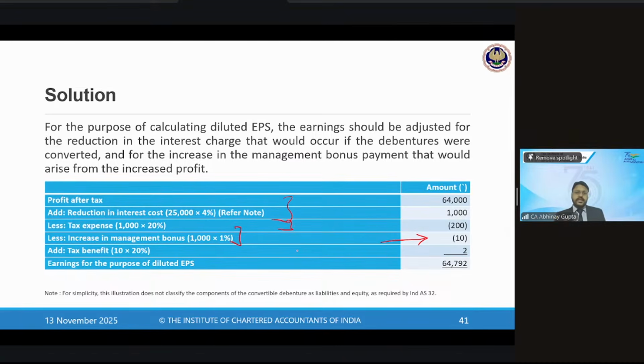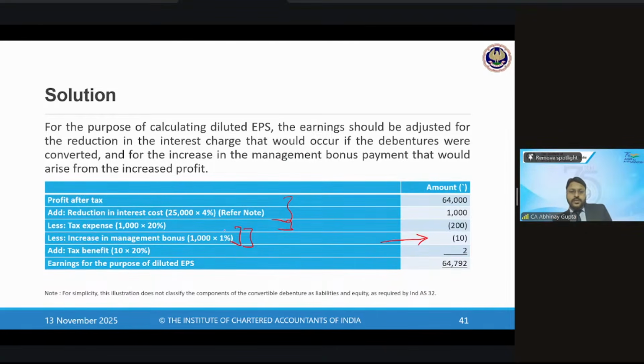If the conversion impacts some other expense or income item in the P&L, I need to revise those items as well. That's what is happening in this question. My management bonus, which is calculated on 1% of total profits, will also be updated because my total profits are being revised because of these convertible instruments.